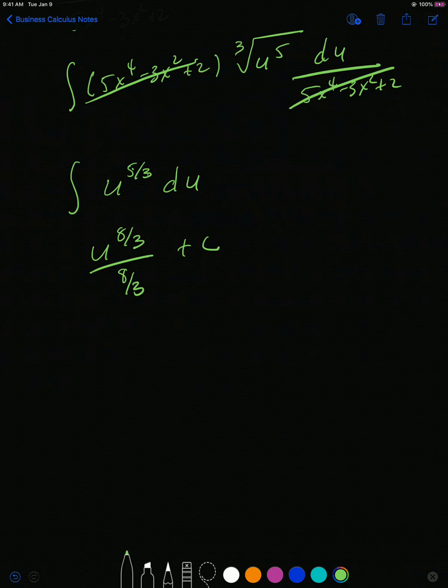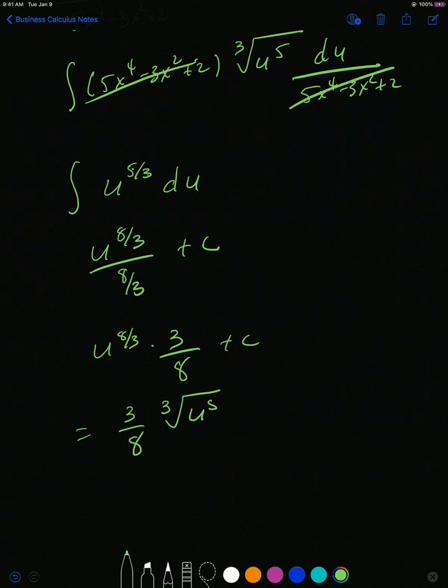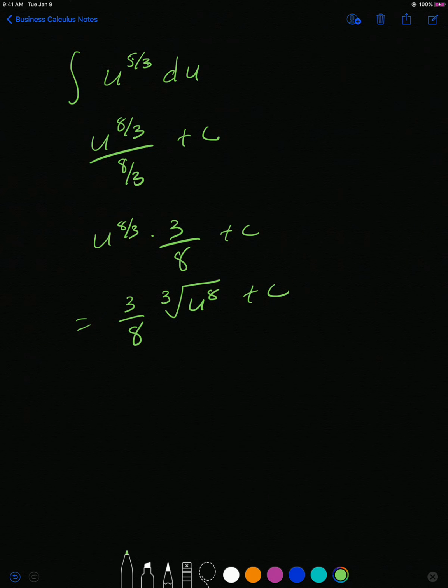That's u to the 8/3 multiplied by the reciprocal, 3/8, plus c, which is 3/8 the cube root of u to the 8th power, plus c. And of course, I now need to replace u.